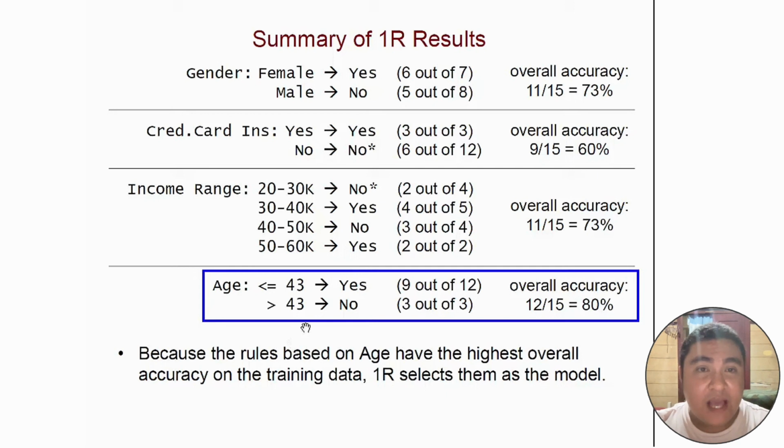If you might be wondering, sir, since this one is the preferred, will the other rules be disregarded? No. Okay? In some implementations, the model generated will always prioritize looking into the age first, and that's the time it can get the prediction.